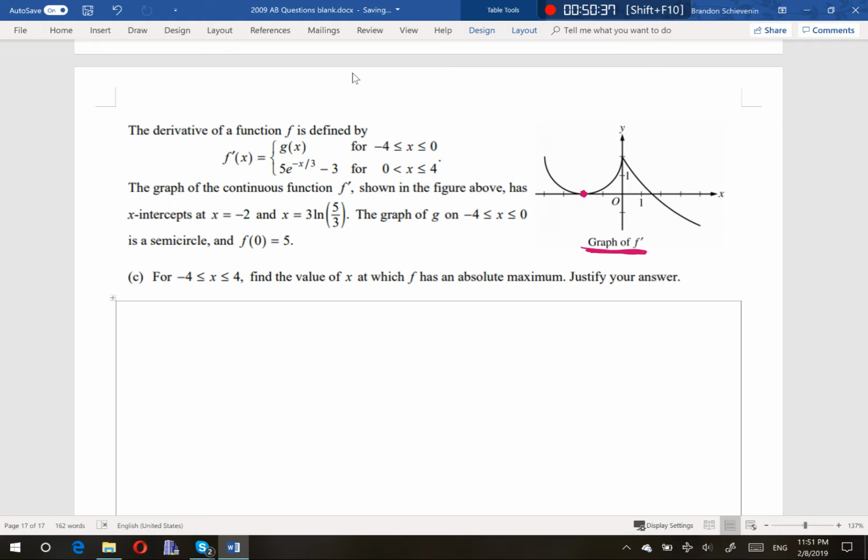This is the graph of f prime, so I'm looking for where the y value of this graph is equal to 0. We have x-intercepts at -2 and 3 ln 5/3, so that's right here.